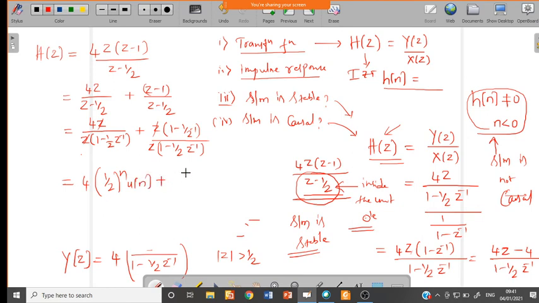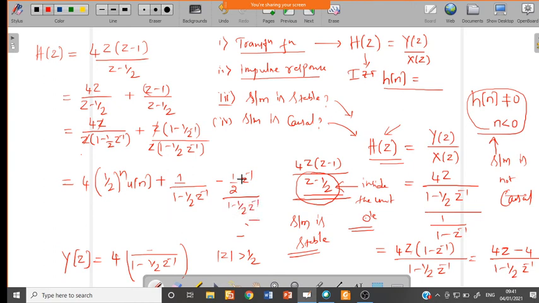Plus here, this one we can split again, so this is z inverse divided by 1 minus half z inverse.